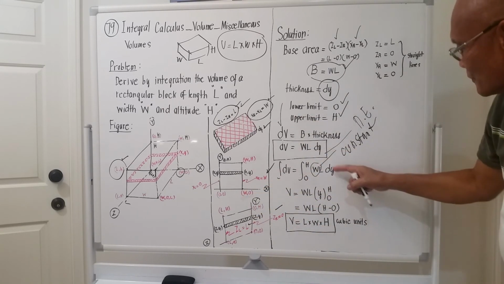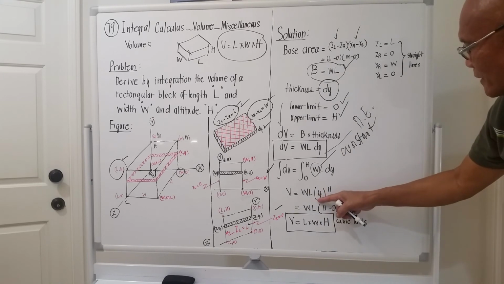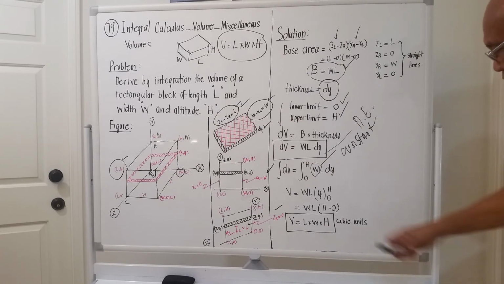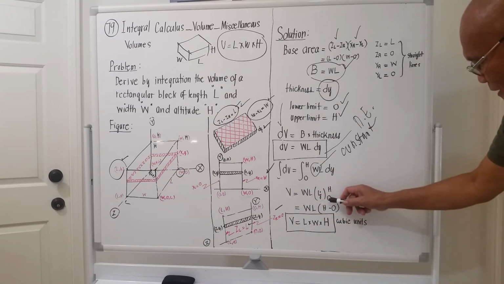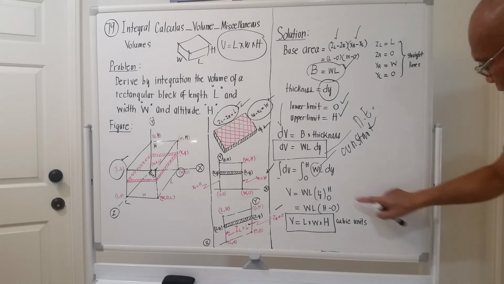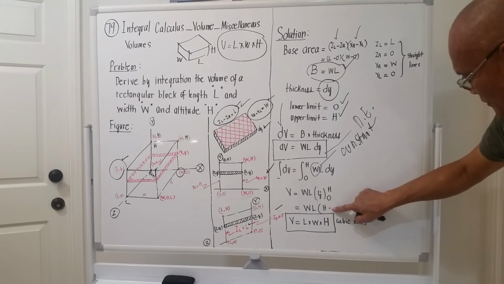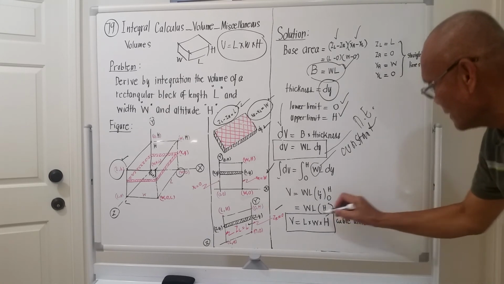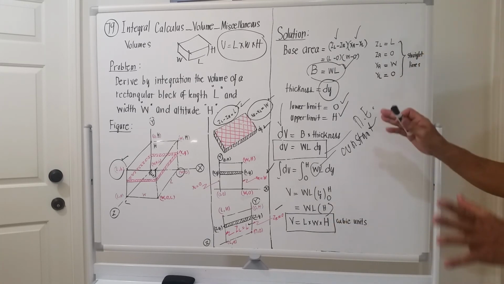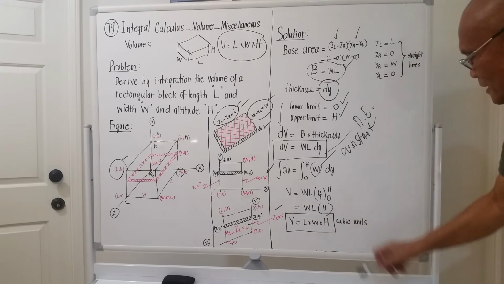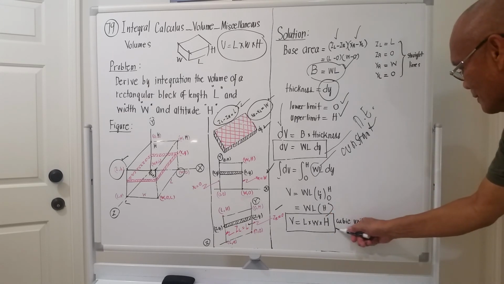The integral of dy is simply y with the limit from 0 to H. So this is WL times the quantity capital H minus 0, upper limit minus lower limit. This 0 has no effect on the final formula. So the volume of a rectangular block in terms of length, width, and height is simply length times width times height cubic units.